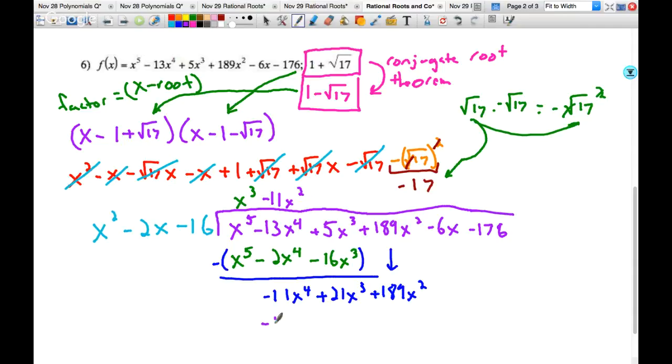Do the multiplication, negative 11x to the 4th, 22x to the 3rd, 16 times 11, I feel like I should know that, is 176. Subtract it away. Parentheses, very helpful to making sure you do the subtraction right.